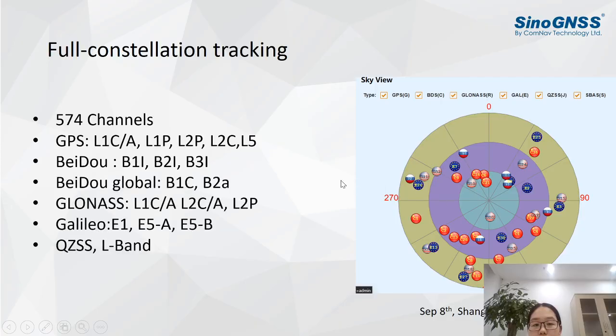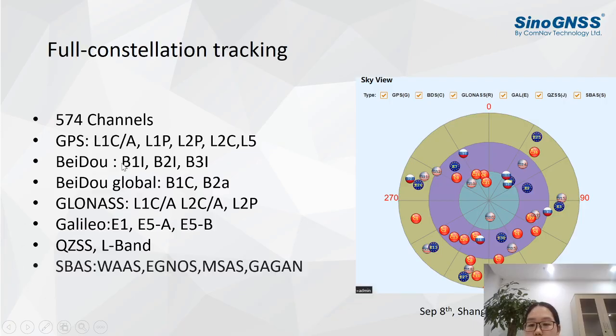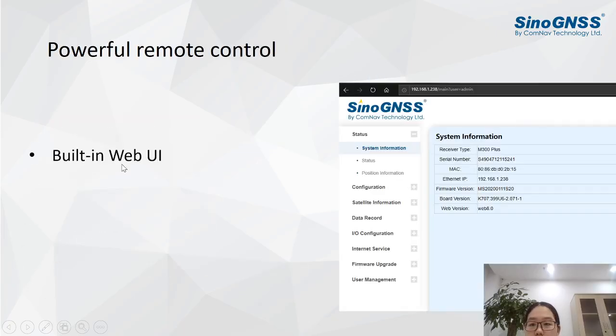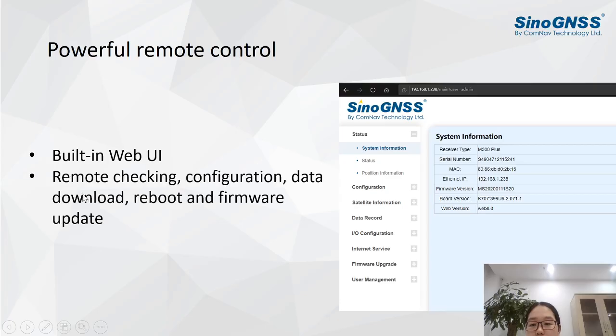Firstly, the receivers must be full constellation tracking. 574 channels support full constellation. And powerful remote control by the built-in web UI.